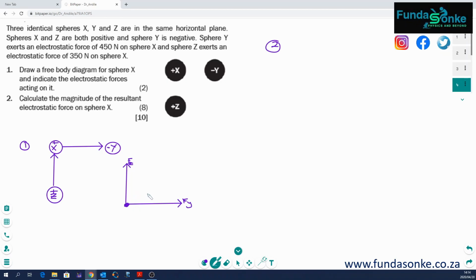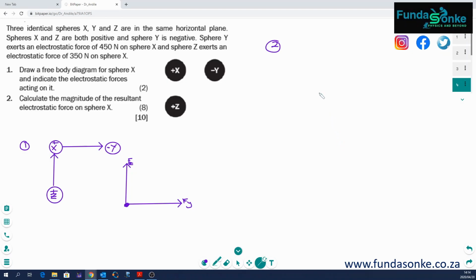Okay, so for us to then be able to resolve or to calculate the resultant electrostatic force in this case, there are two approaches that one can use. Either you can translate this force acting vertically upwards, the force Z, such that the tail comes to the head of force Y. Or we can translate the force Y so that the tail goes to the head of force Z. So we're going to use the latter case for our illustration here.